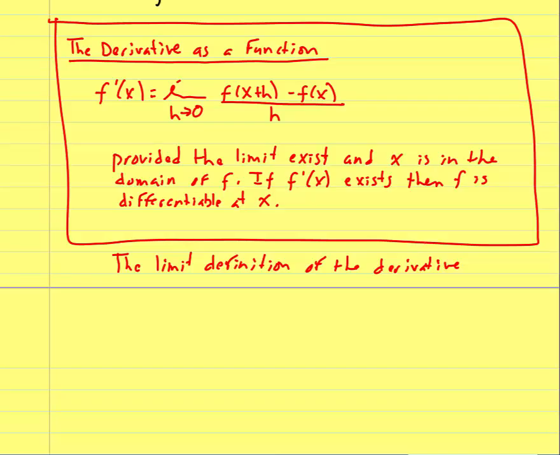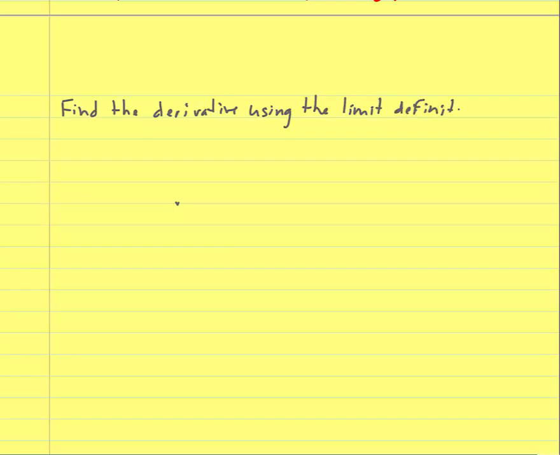So let's go ahead and find our derivative using the limit definition. Now we have all of our old same strategies that we learned in Unit 1 for taking a limit. So don't forget those, multiplying by conjugate, simplifying.